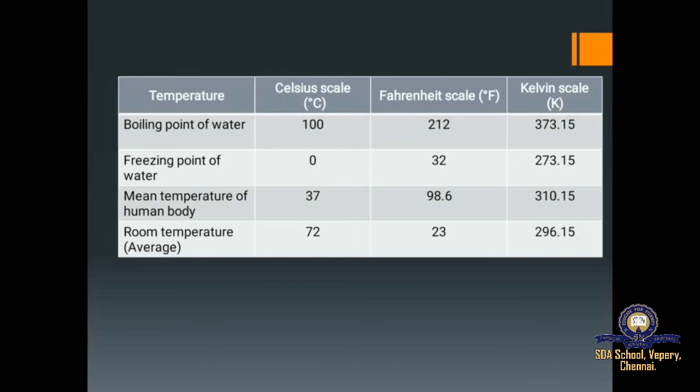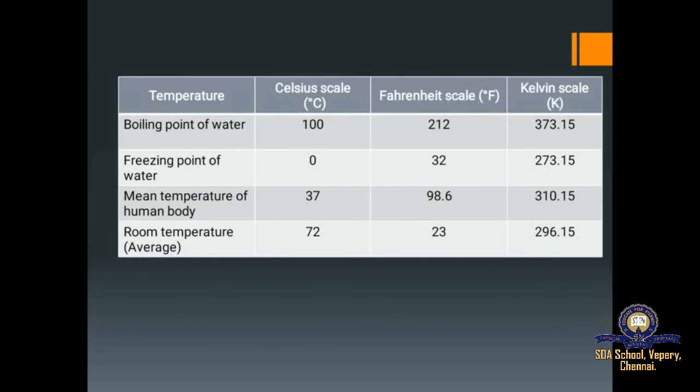The equivalence between principal temperature scales are given for some temperatures in Celsius scale, Fahrenheit scale and Kelvin scale. The boiling point of water is 100 degrees Celsius, 212 degree Fahrenheit, 373.15 Kelvin.